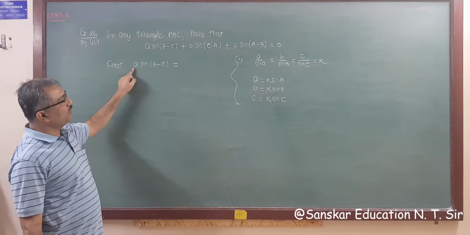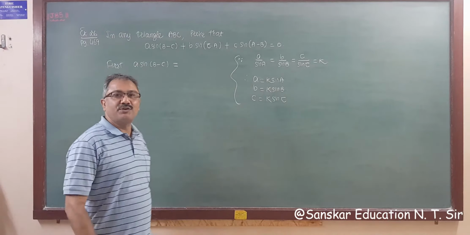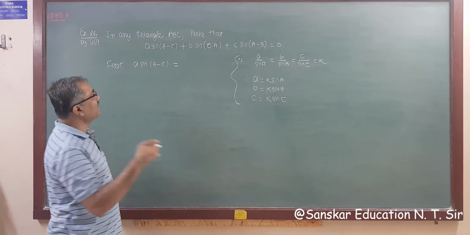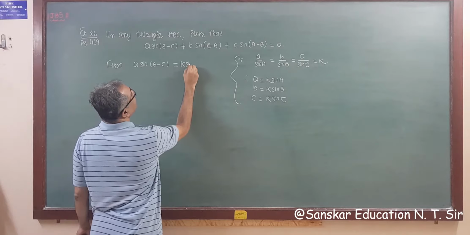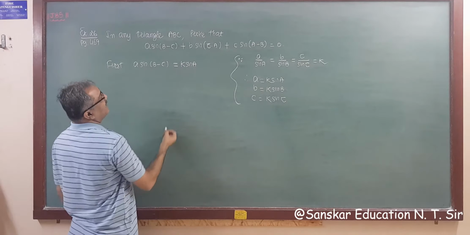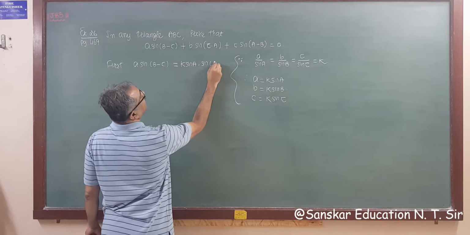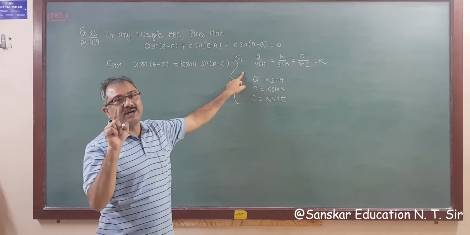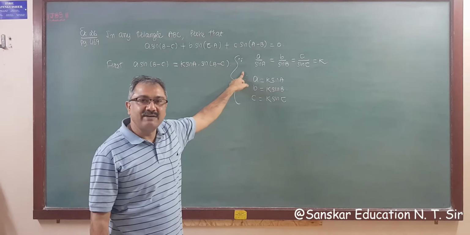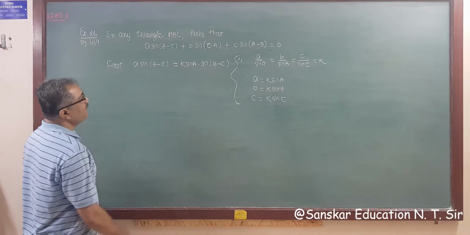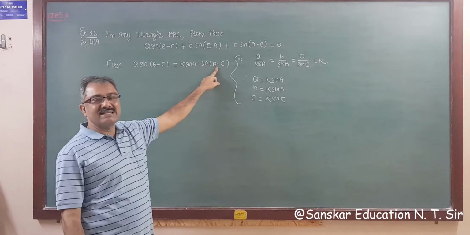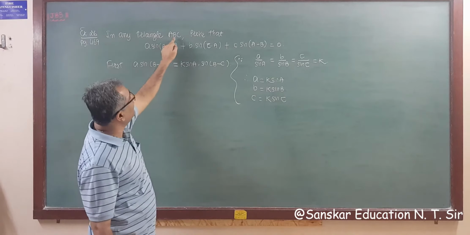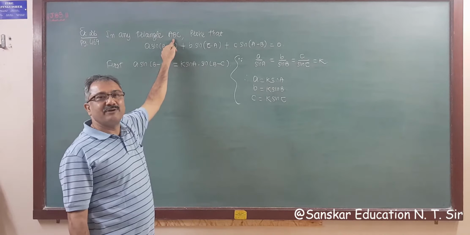So a is equal to K sin A, substituting the value of small letters only. So this is K sin A into sin(B minus C). You have to write this because we are using the sine formula. Here is angle A and here is angle B minus C. But it is given for any triangle ABC that A plus B plus C is equal to pi.